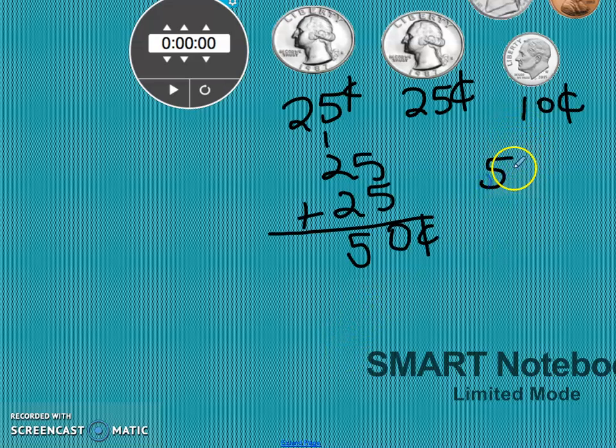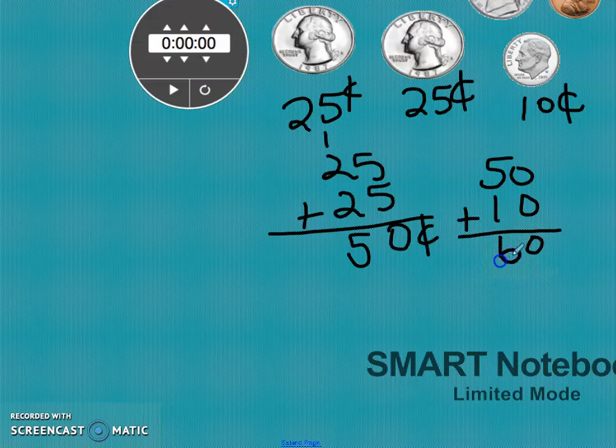So we have 50 plus 10. At our ones place, 0 plus 0 is what? Yes, 0. 5 plus 1 equals, correct, 6. So that's 60 cents.